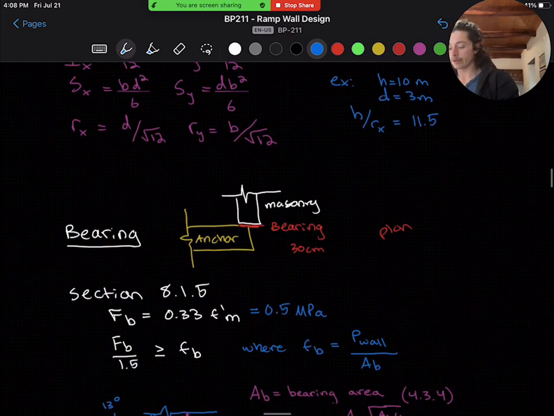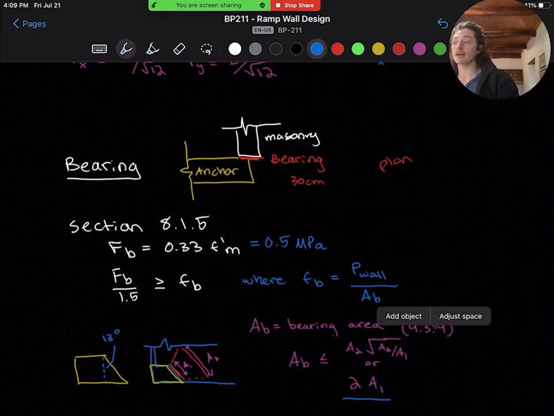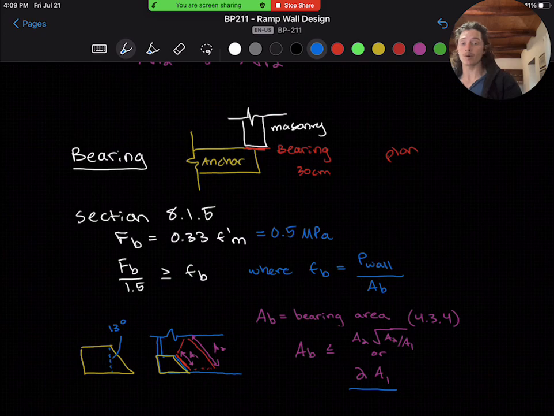Section 4.3.4 further explains bearing area, but it allows us again to increase the bearing area at a 2-to-1 slope from the point of the load, but is limited by the following conditions. A2 is limited to a maximum of A1 times the square root of A2 over A1, or 2A1. And we can quickly notice that 2A1 is the governing condition, where A1 is the area of the anchor touching the ramp wall, or the loaded area.